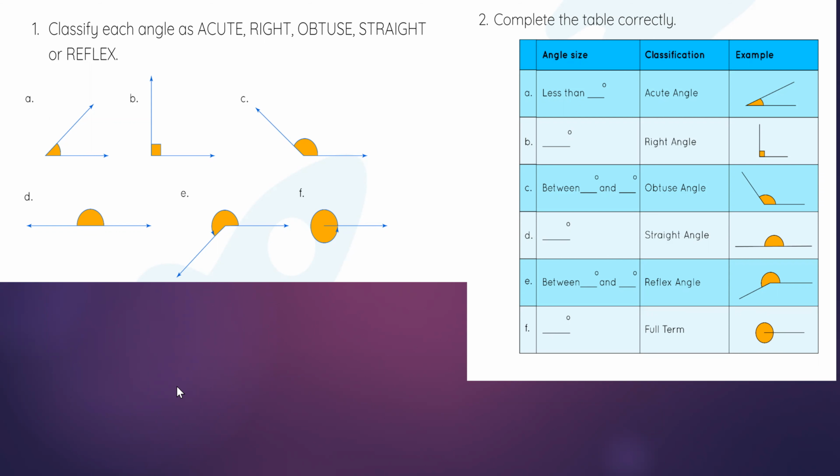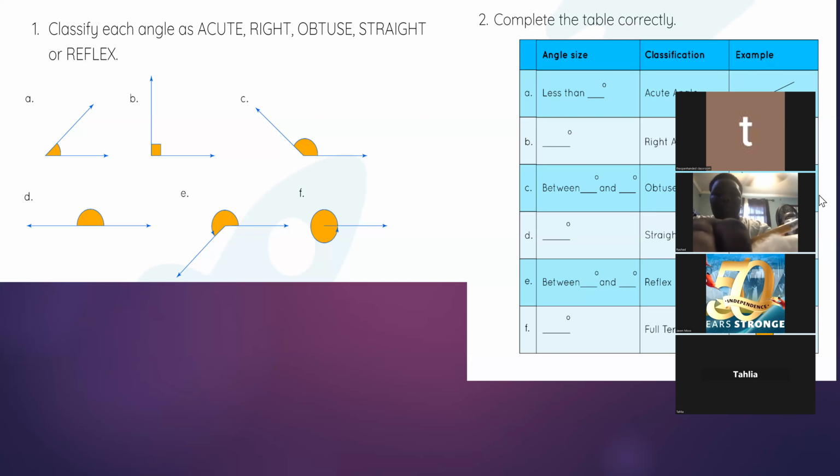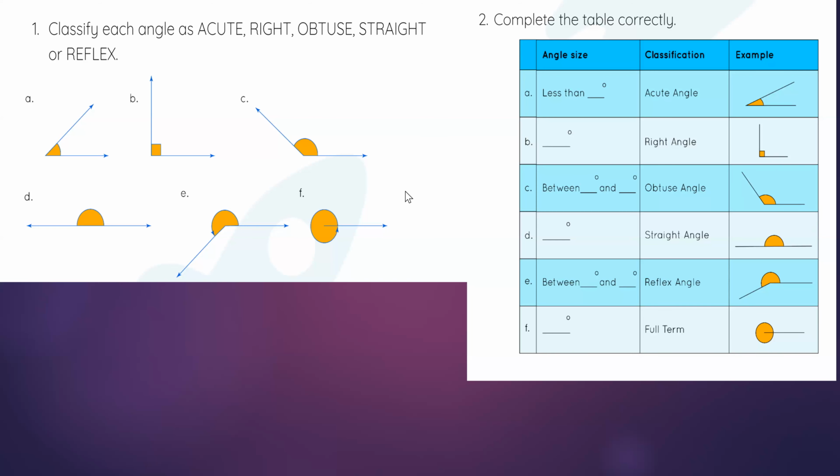I have a question. Go ahead, Chevin. Are we writing everything for 2? Yes, you're writing everything for 2. Okay. Rashad, what number are you on? Number 1F. You understand what we're doing? Yes, sir. Okay.